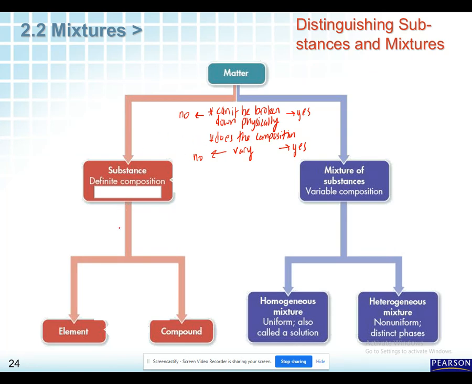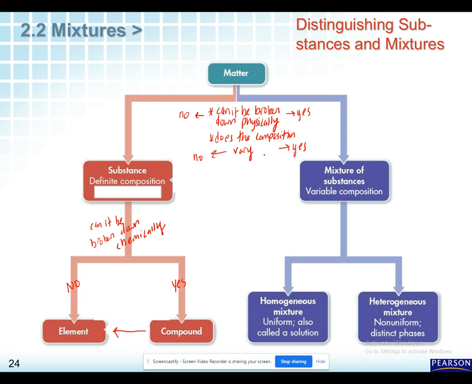Once you know that it's a substance, you can ask yourself, can it be broken down chemically? If the answer is no, it's an element. If the answer is yes, it is a compound. And then you can further break down a compound into an element.